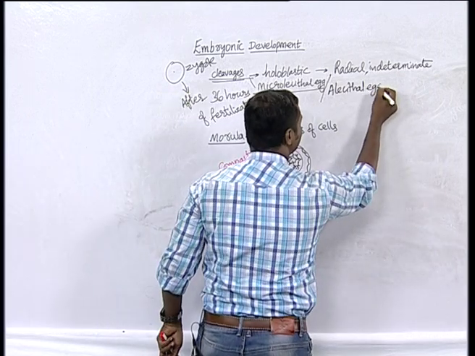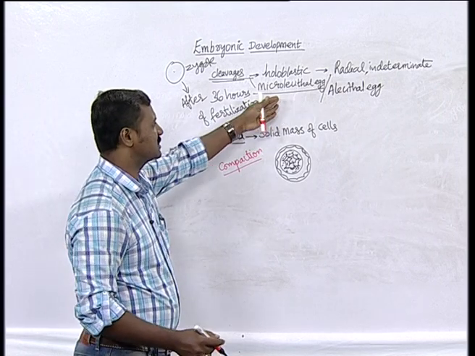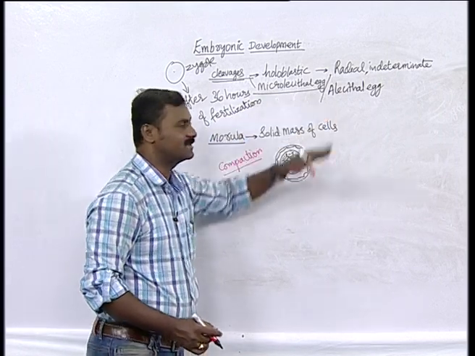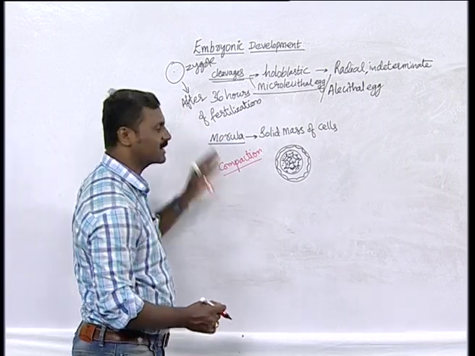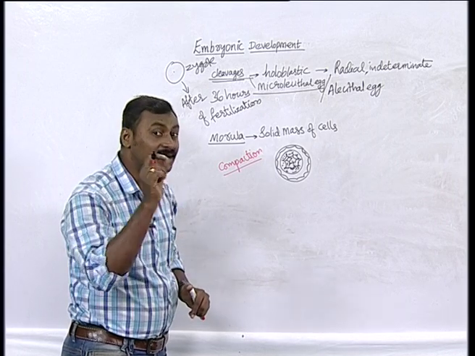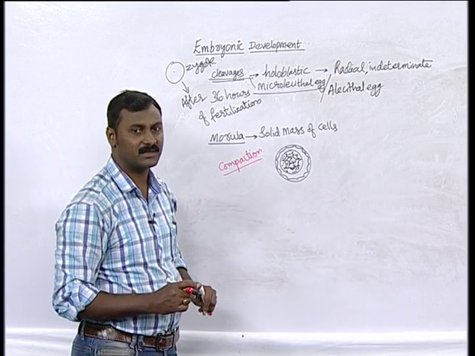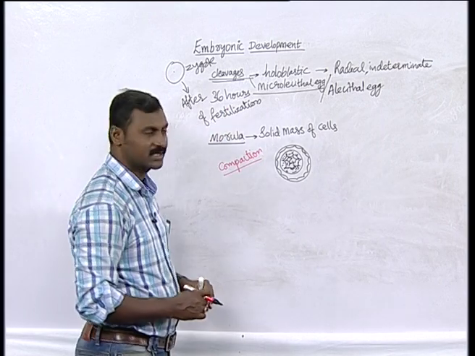Alecithal egg means there is complete absence of yolk. Mammalian eggs, especially in eutherians, are alecithal. Okay. So radial indeterminate cleavages occur after fertilization. This point is very important: after 36 hours of fertilization the cleavages occur.